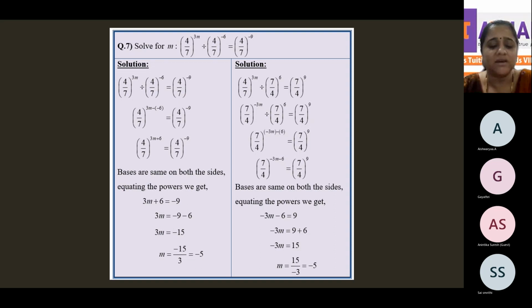In the next step, see, 3n plus 6 is equal to minus 9. Your m looks like n. I think your pen, there's some trouble, meaning it's not writing continuously, I think. Everywhere you've missed the brackets.